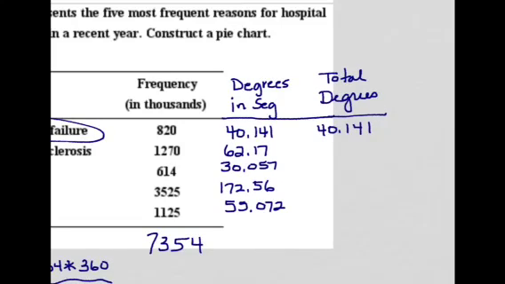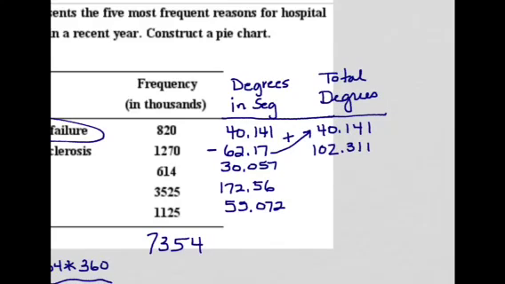Now I want to add the 62.17 to my previous, and that'll give me 102.311. Okay, so it's another 62 degrees past the 40 degrees, and that will bring me right to 102.311.